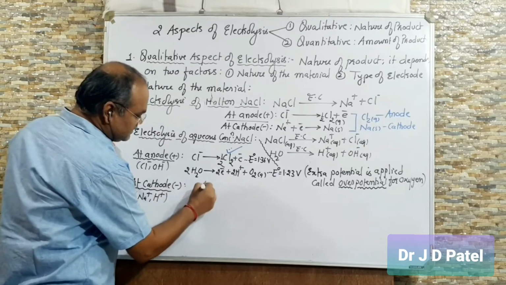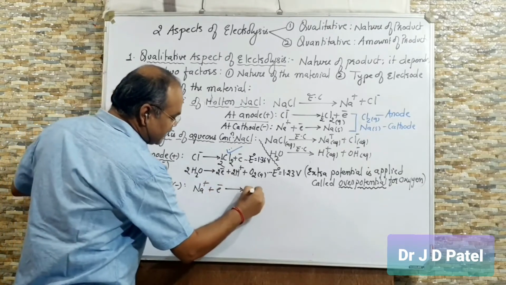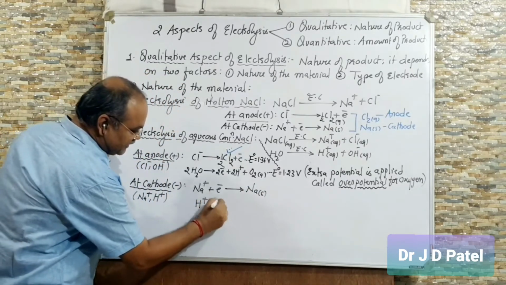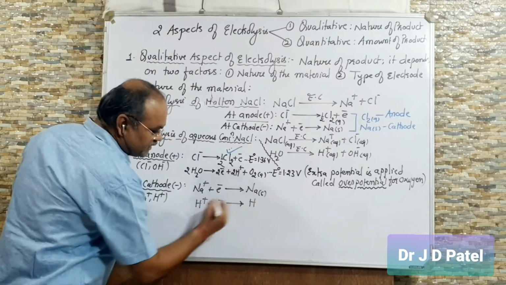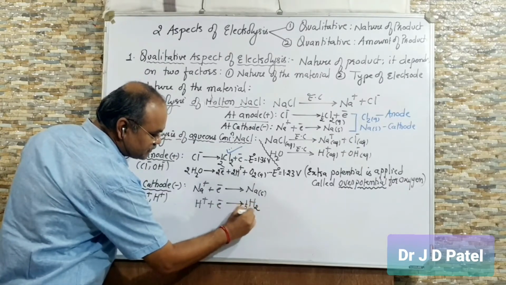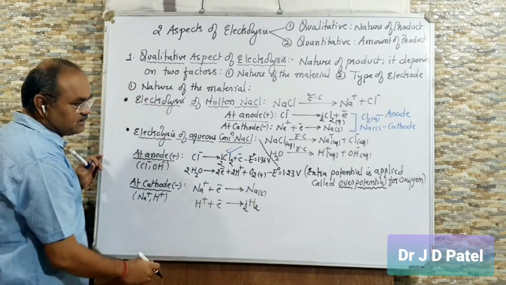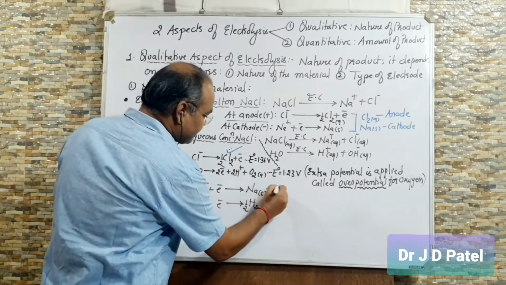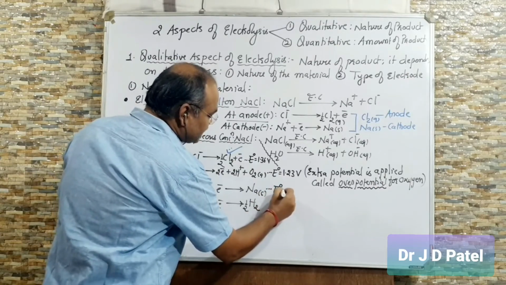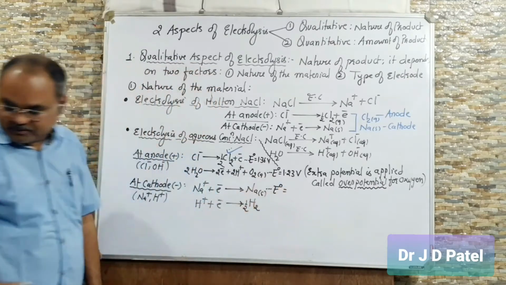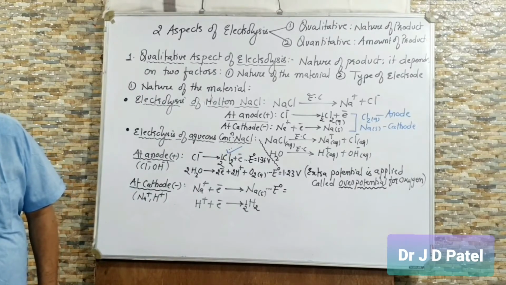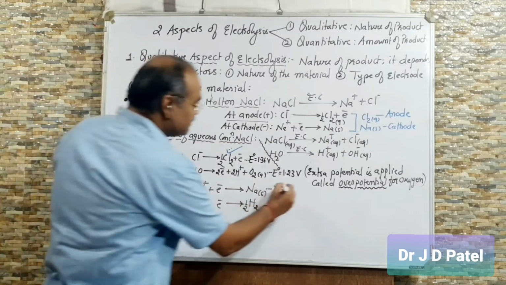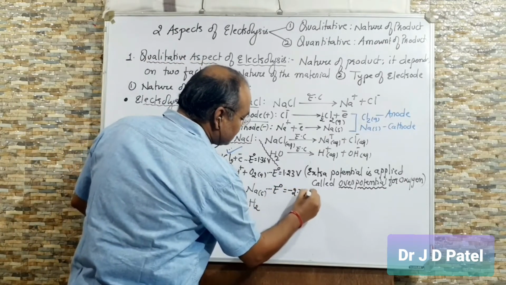Let us see what happens. For Na plus, if it takes electron, it will be deposited as sodium solid. For H plus, if it undergoes reduction, it will be H, I can write half H2 gas, if I balance it. Here the value is given. E0, actually it is reduction value. The reduction value for Na plus is minus 2.71 volt.